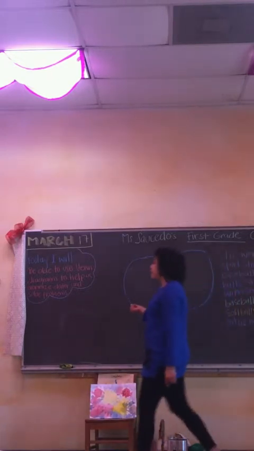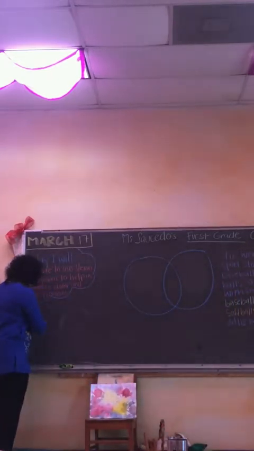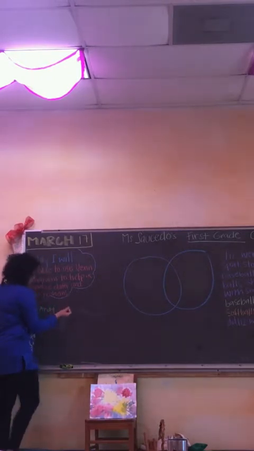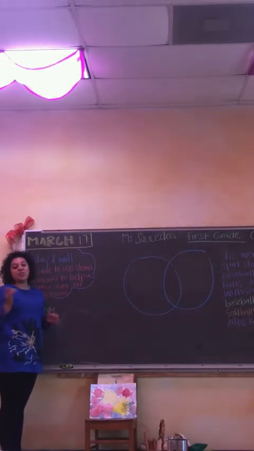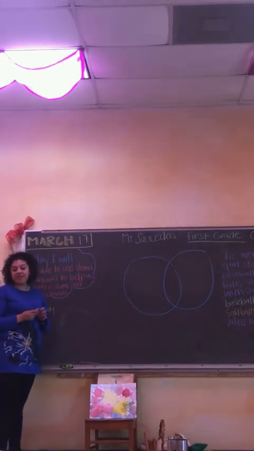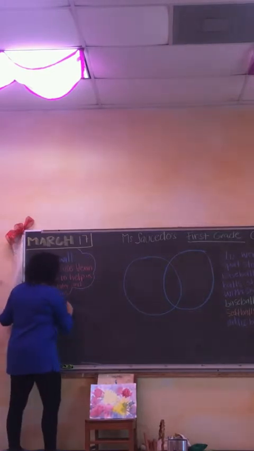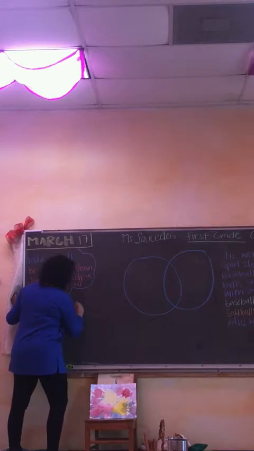So let's say that Miss Andy went to the store to buy fruits for the class. How many grapes do you want to buy, Ollie? 5 grapes. So we buy 5 grapes for the class.